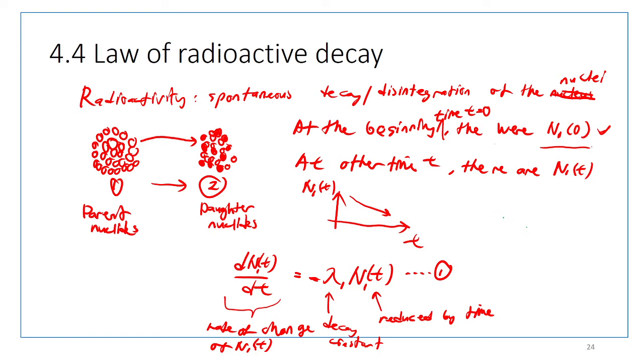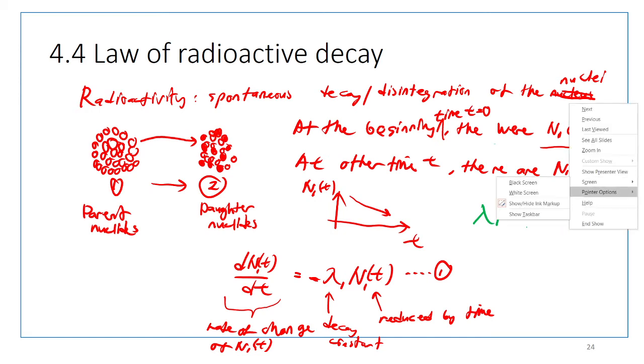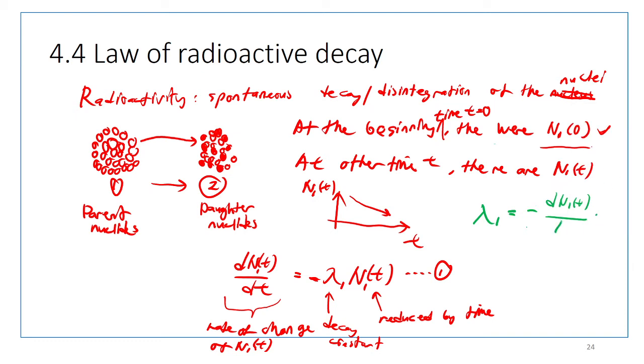If I put the decay constant alone, from equation number 1, it becomes minus dN1(t) over dt, over N1(t), okay, multiplied with 1 over dt. Wait, this is wrong.